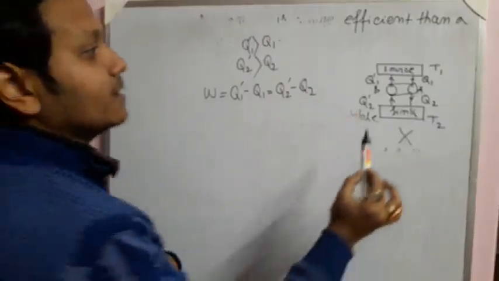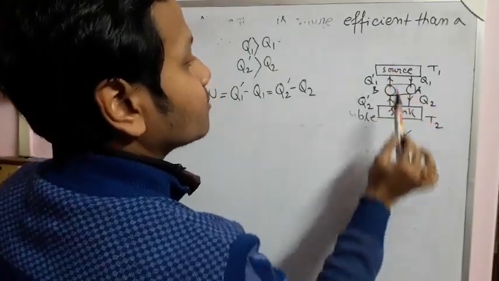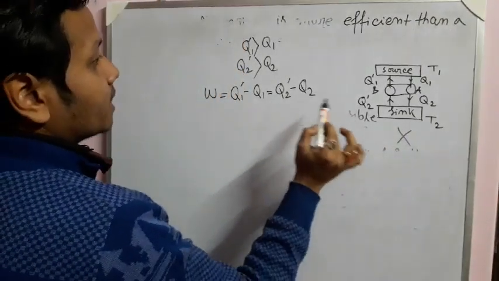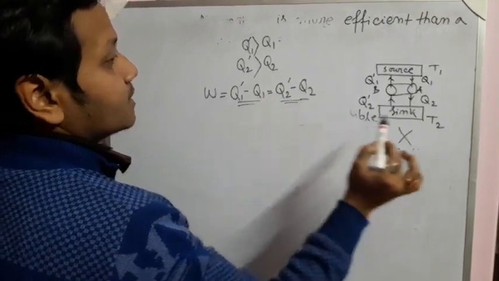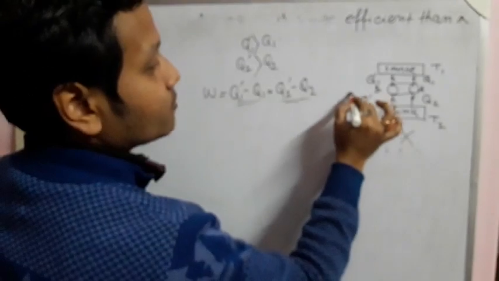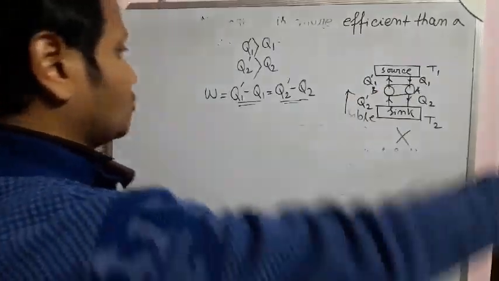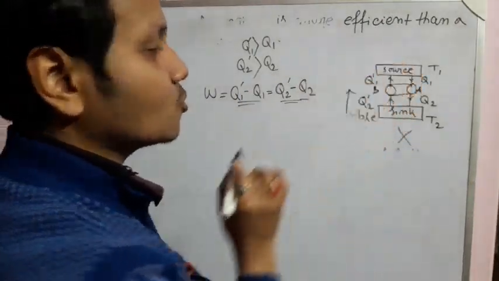In each cycle, this net amount of heat, Q2 dash minus Q2, is transferred from the sink to the source.